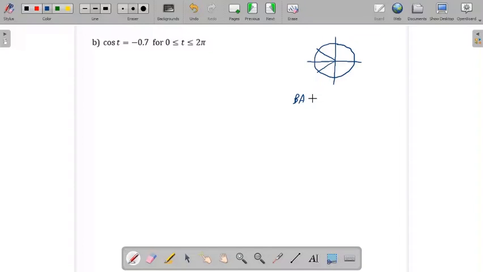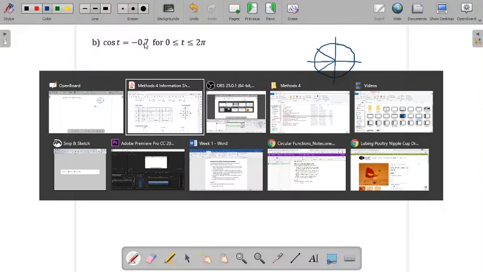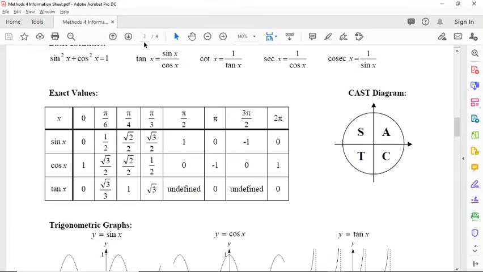Basic angle, BA, in this case. Now notice 0.7, that's not one of these nice numbers that we have. Here we go, the methods information sheet. These are our nice basic angles in the exact values table, but there's no 0.7 here. So whenever you've got a decimal number like that, we can't really refer to the exact values table.